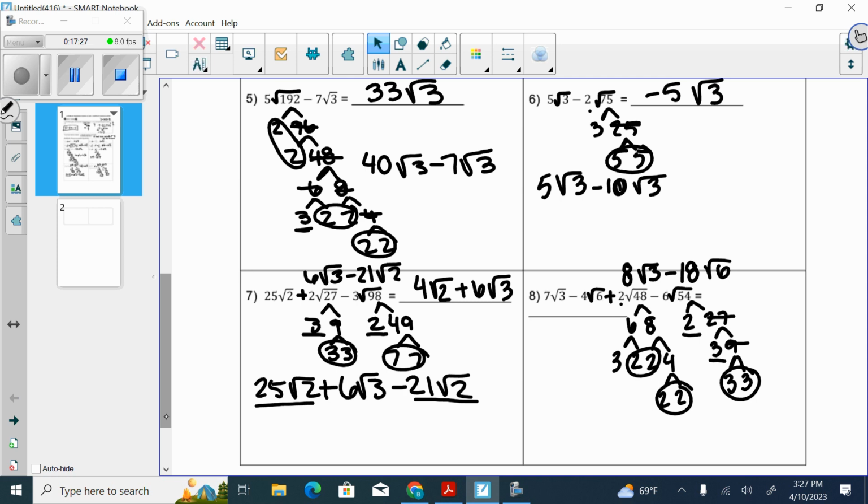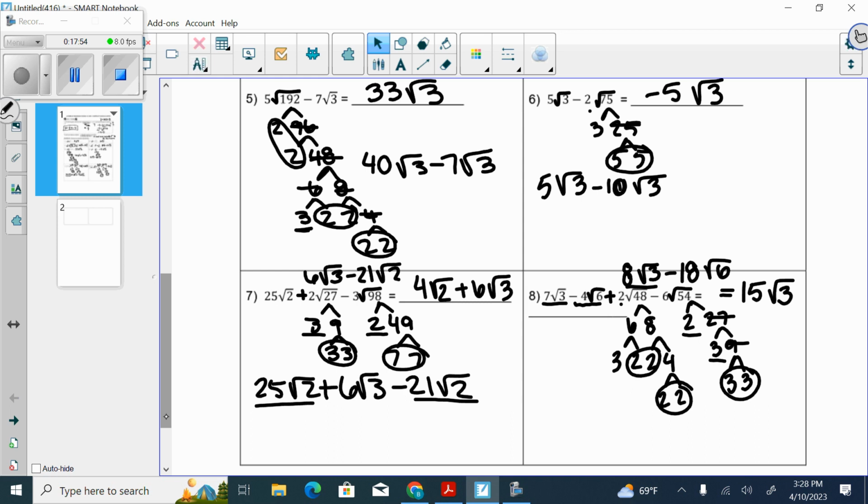All right. So the first thing we had was a 7 square root of 3. Do we have anything like it? 8. Okay, so what is 7 plus 8? 15. So I'll have 15 square root of 3. Good. All right, the next thing I have is a negative 4 square root of 6.